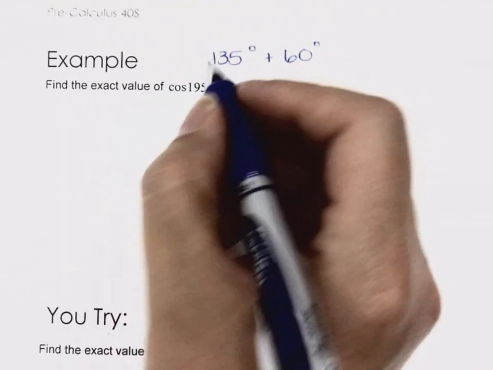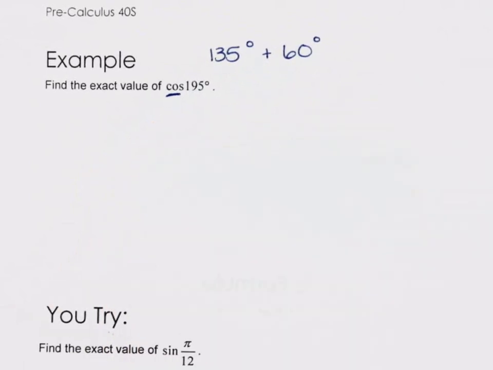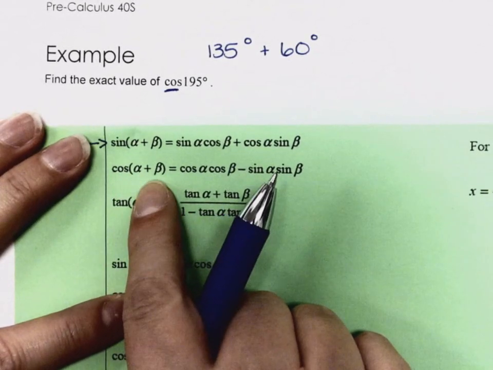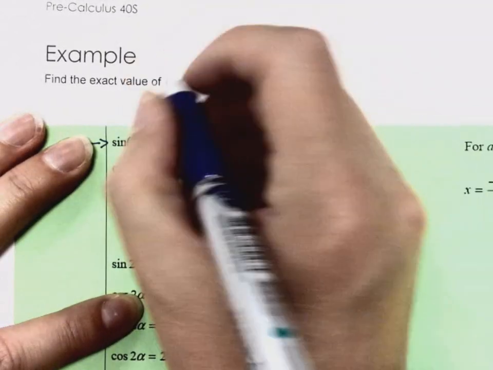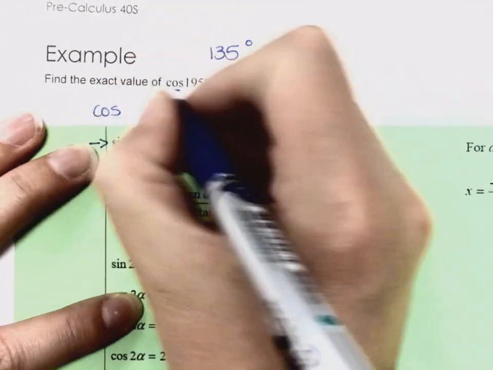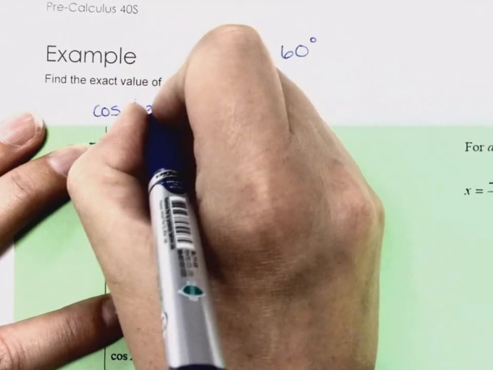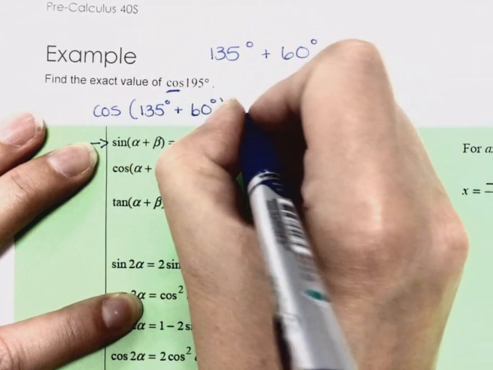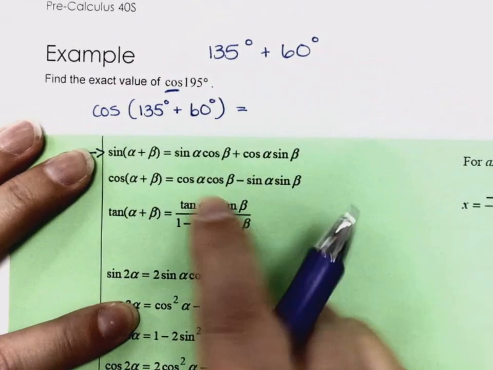And this time we're looking for cos. So we're looking for the cos sum identity. So that second one right here. So we are going to have cos of 135 degrees plus 60 degrees equals, now this one is different.